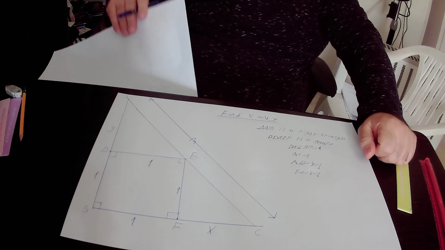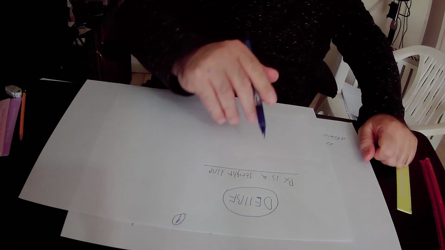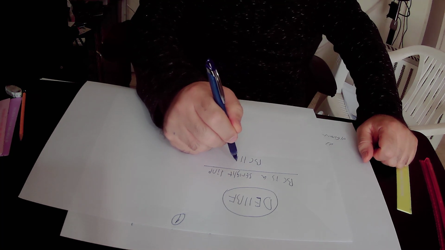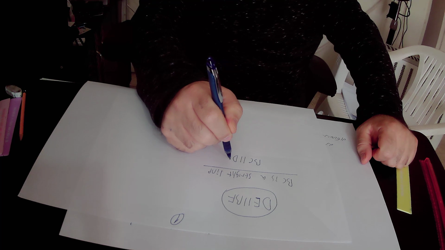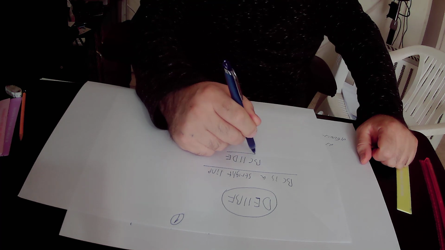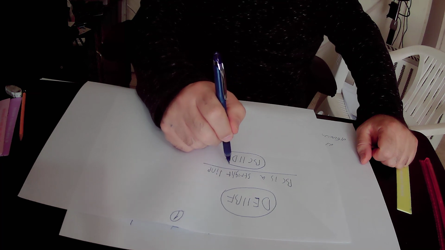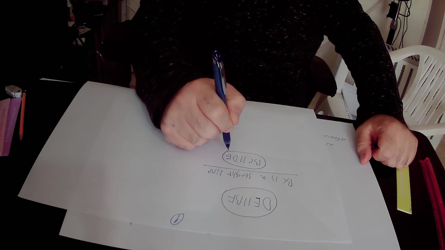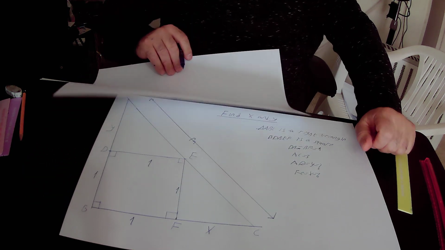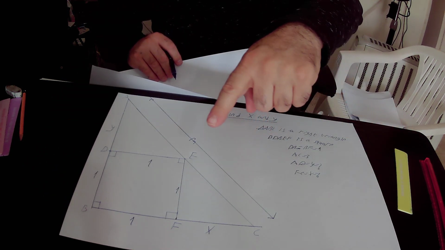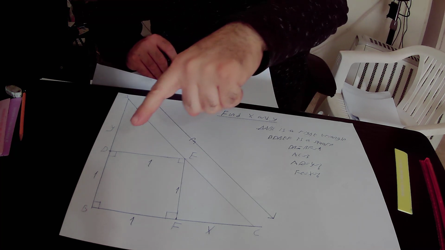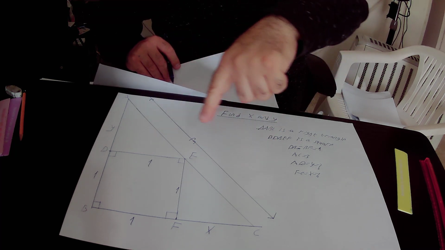Okay, we can write down that BC is parallel to DE, because if part of a straight line is parallel to another straight line, then the straight line itself will also be parallel to that straight line. And we know that part of the straight line, that is BF, is parallel to DE, therefore the straight line itself, BC, will also be parallel to DE.